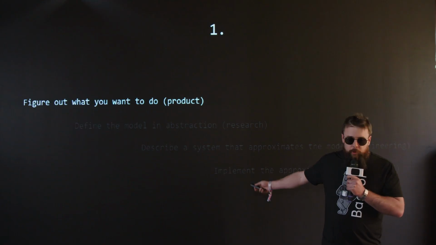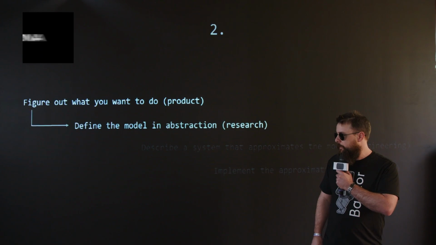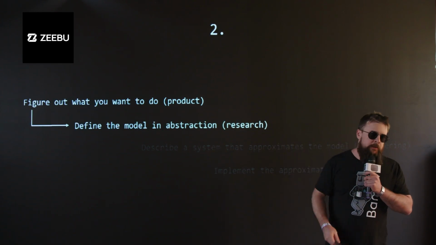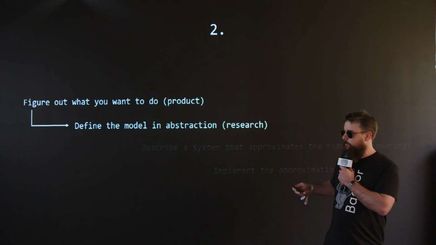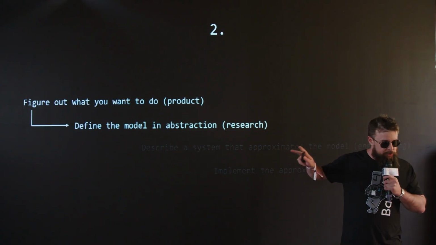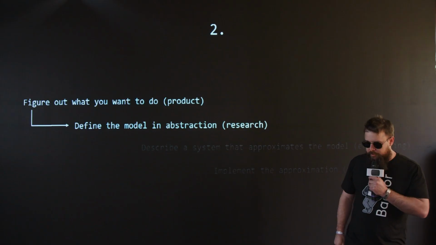From a development perspective, obviously figuring out what you want to do first makes a lot of sense. And then after you have that target in mind, there's the laborious process of defining it, usually mathematically. This is precise, usually algebraic mathematics, and I consider this a research task.